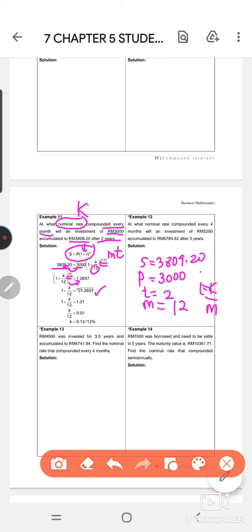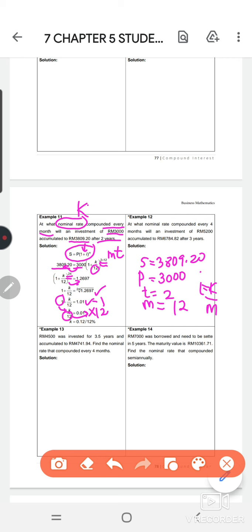So punca kuasa 24 dia akan dapat 1.01. Yang ni tinggal 1 tambah K per 12. 1 bawa ke sini, dia akan jadi tolak. 1.01 tolak 1 dapat 0.01 equals to K over 12. So nak dapatkan K, 12 pindah sebelah sini, dia akan darab dengan 12. So your answer is 0.12 or 12%.